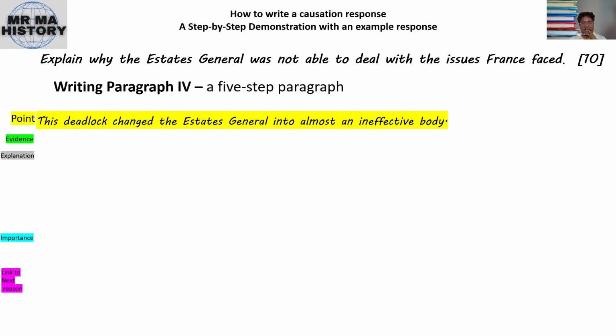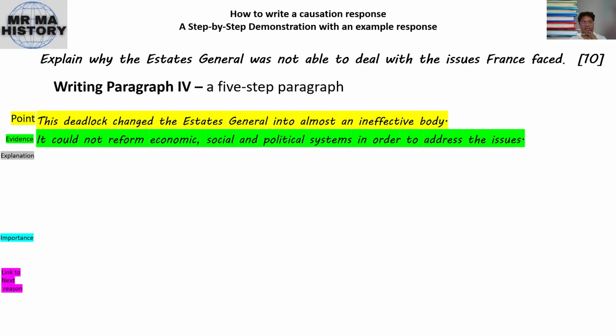One theme, one reason, or one cause is linked up with the next one. What evidence is there? It could not reform economic, social, and political systems in order to address the issue. So this is the evidence that the Estates General was not able to bring about reforms.